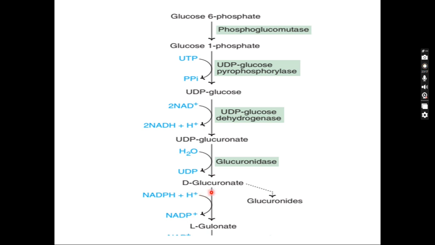That's the molecule that we are going to have. From this D-glucuronate, there will be enzymes that act on it, and we will have the L-gulonate produced, with the cofactor NADPH and hydrogen giving us NADP.